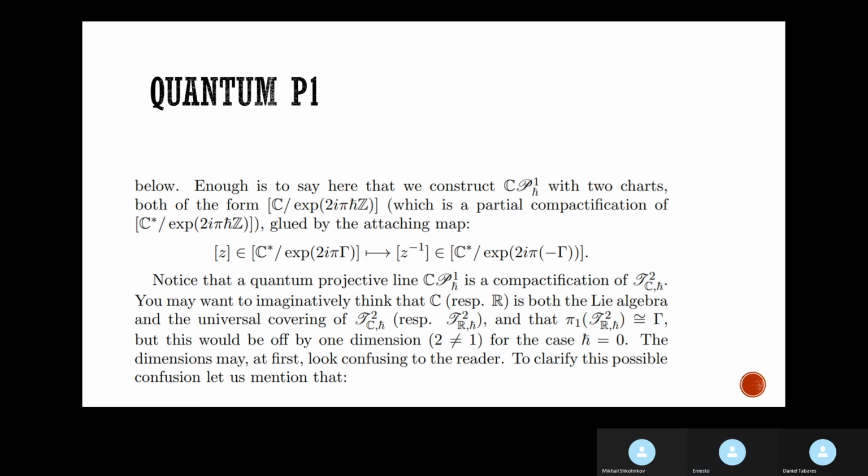Traditionally, if h bar was a rational number, then we would be having an orbifold. We would have a weighted projective line, some sort of weighted P1 with some weights.